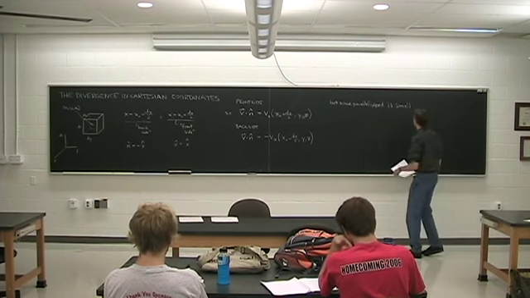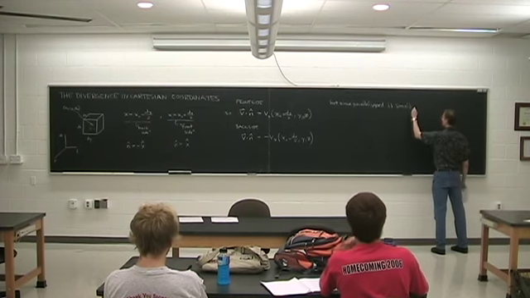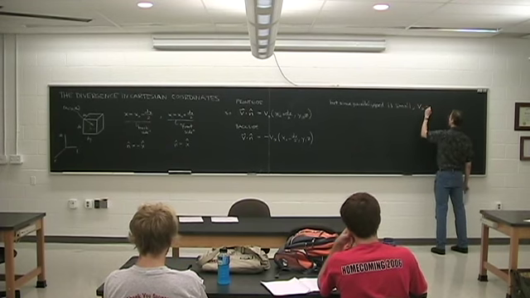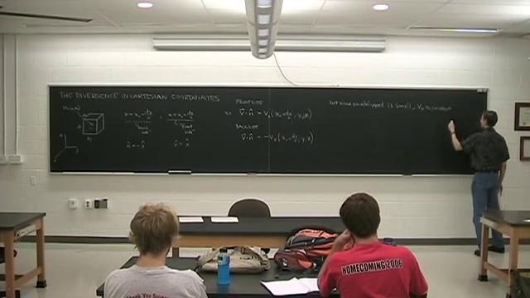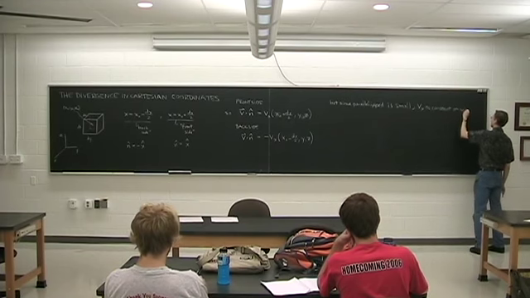But in any case, since the parallelepiped is small, v sub x is approximately constant on each face.